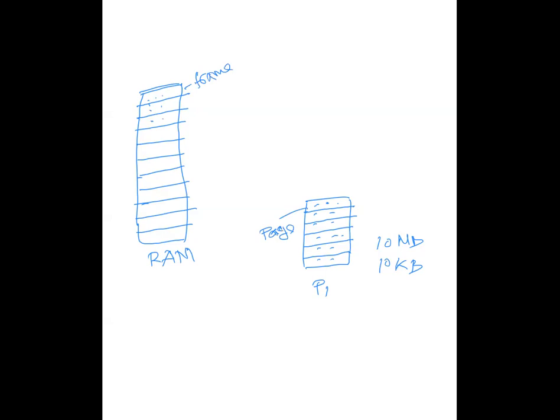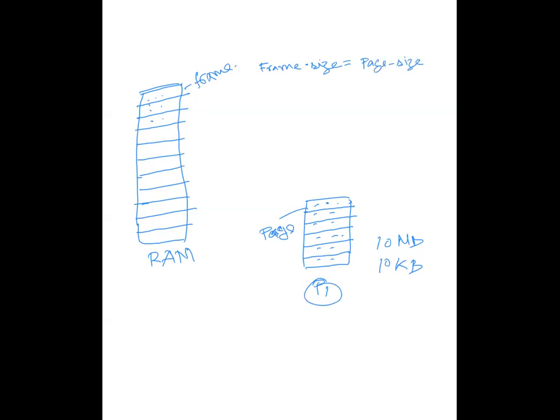The partition in RAM is known as a frame. The partition in your process is known as a page. And frame size is equal to page size.